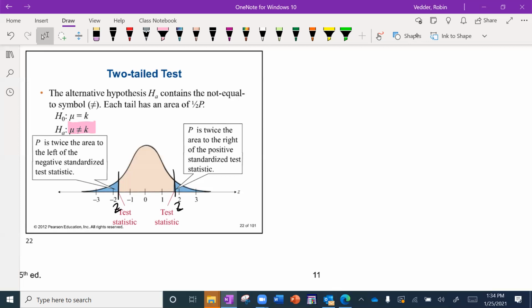So with the two-tailed test, the area always has to be doubled. We're not doing actual calculations today. We'll be doing those on Wednesday, and we'll be doubling the area then.